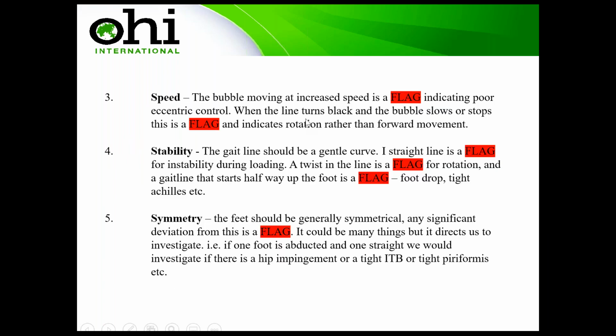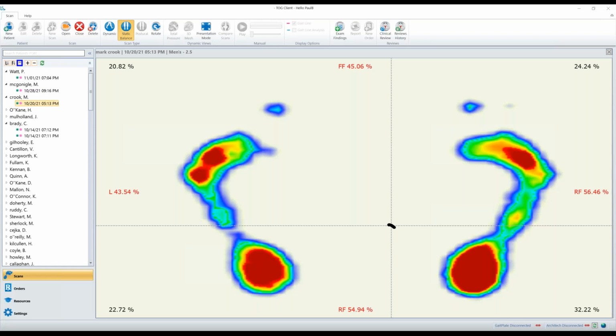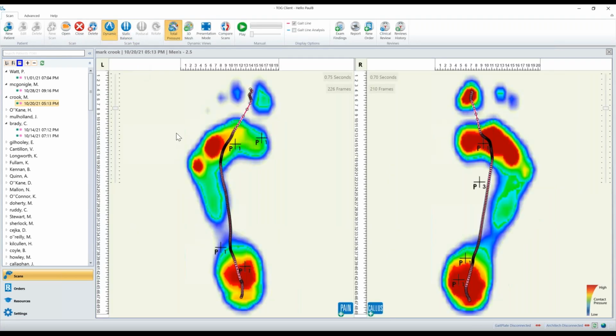When we move from there to the dynamic, the beauty of doing a static scan is that you have to do the dynamic first to get to it. So when we do the dynamic scan, we can mark our flags or markers on it, and then we can have a chat to the patient.